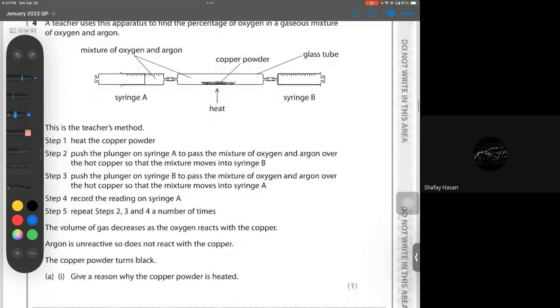Okay, I'm telling you this. Give a reason why the copper powder is heated.